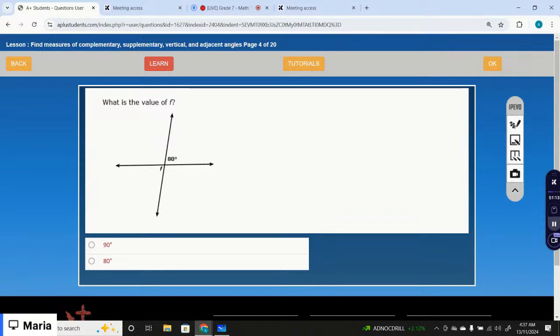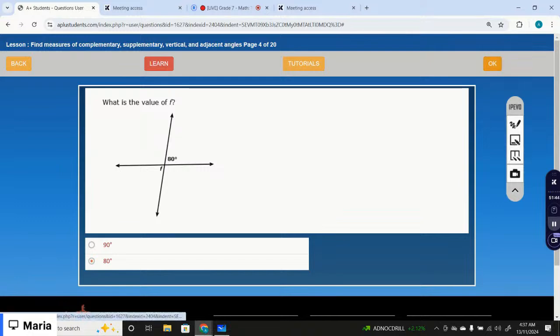What is the value of f, which is the correct option? That is 80 degrees.